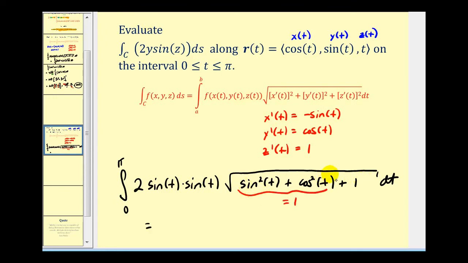So let's take a look at this square root here. Well, all of this is equal to 1, so this becomes the square root of 2. Let's go ahead and factor out the square root of 2. And we'll write this as 2 sine squared t dt. And let's go ahead and finish this on the next page.